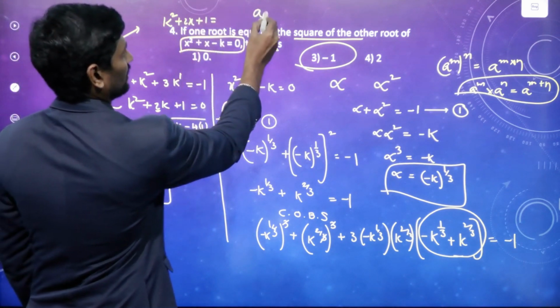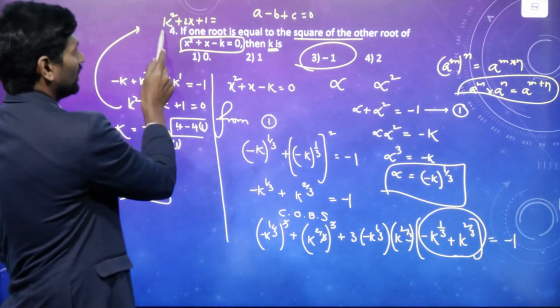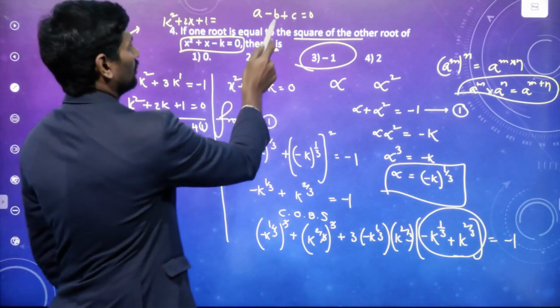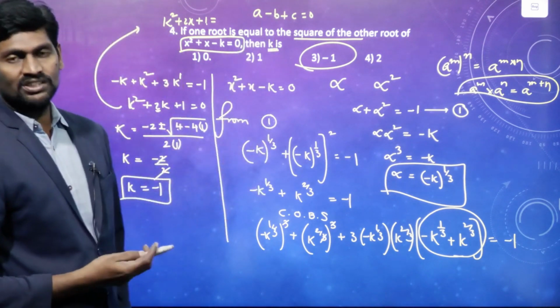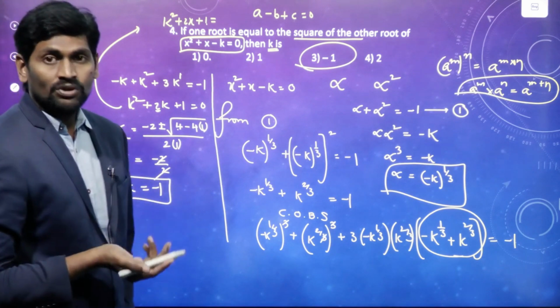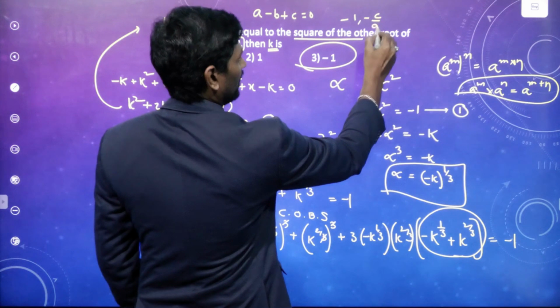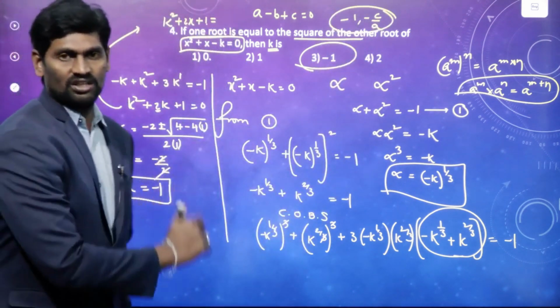What is the condition? a minus b plus c equal to 0. a value 1, c value 1, 1 plus 1 is 2, minus b means minus 2, 2 minus 2 is 0. That means when a minus b plus c equals 0, minus 1 and minus c by a are roots of the quadratic equation. Directly you can write minus 1 without solving also. Okay?